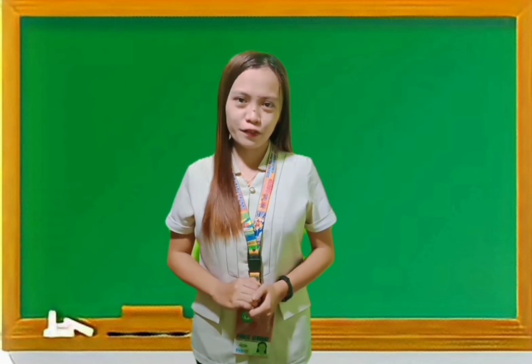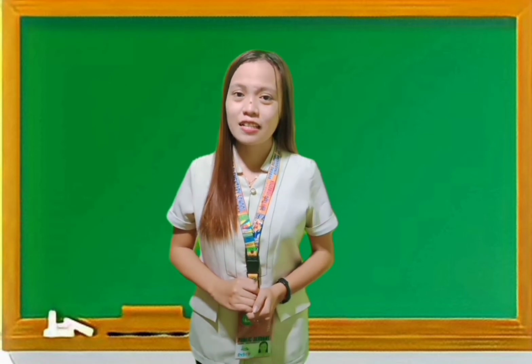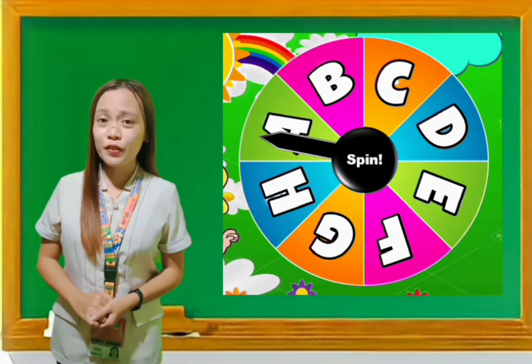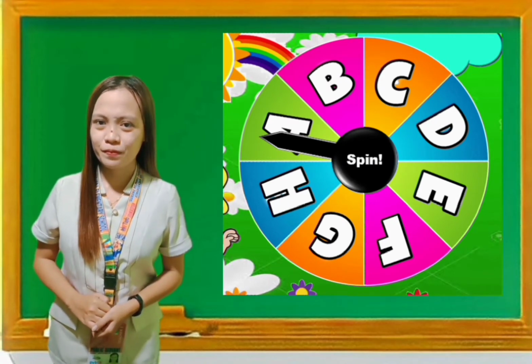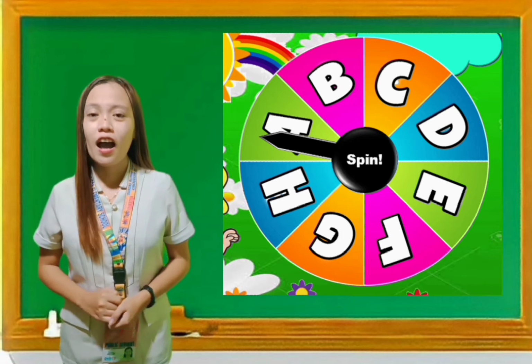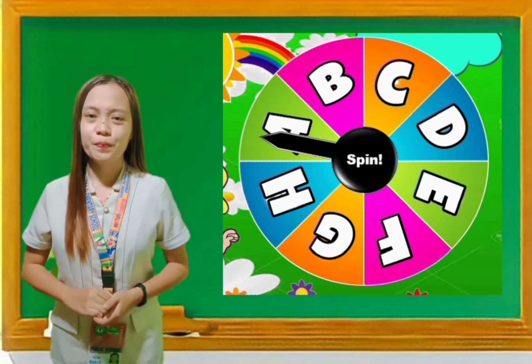But before we start with our new lesson this morning, let us have first a short review about our previous lesson. Let us play Spin the Wheel. Some of you will be given the chance to spin the wheel. The wheel will stop as soon as your classmates say the word stop.